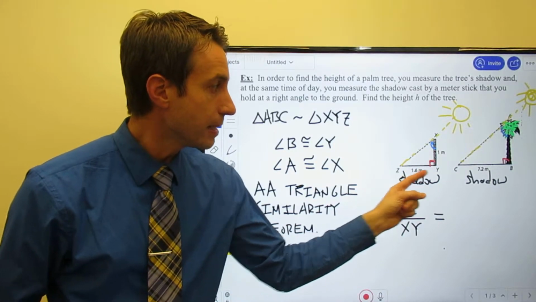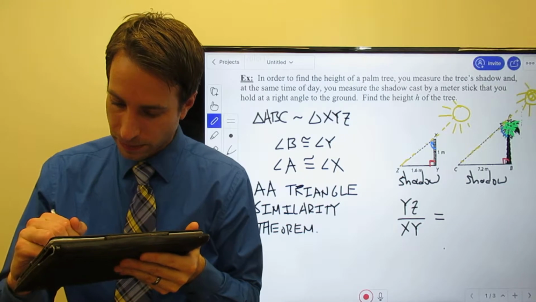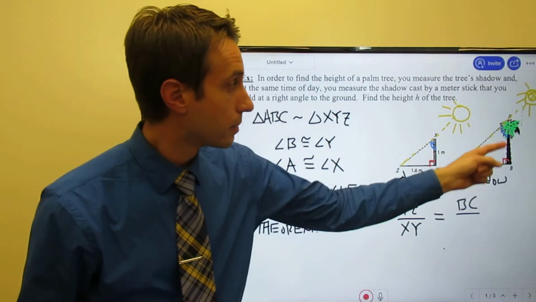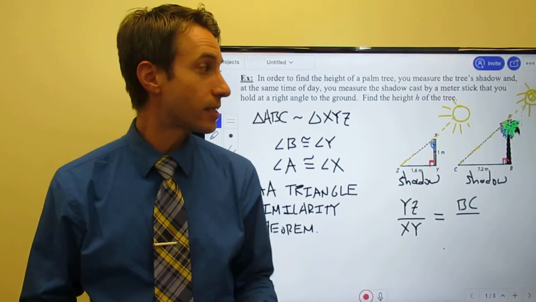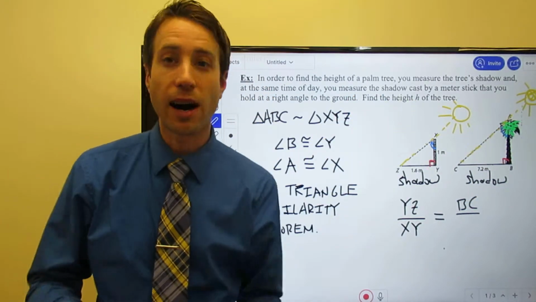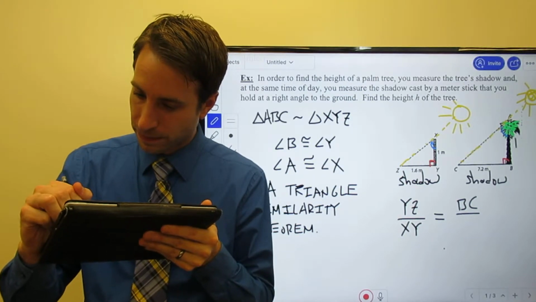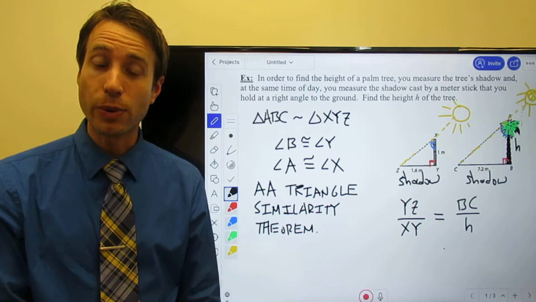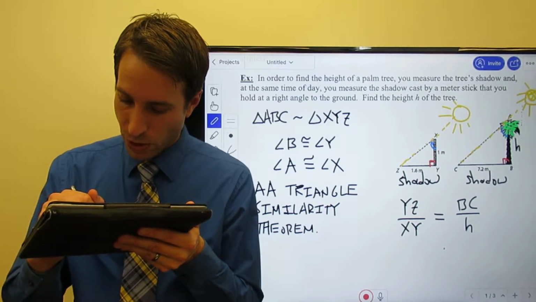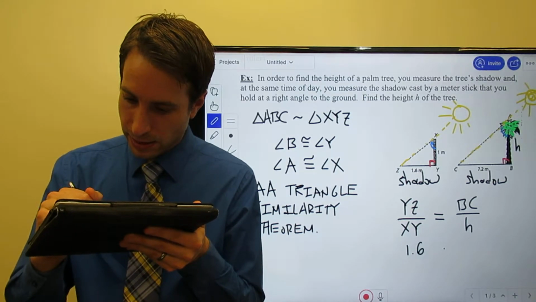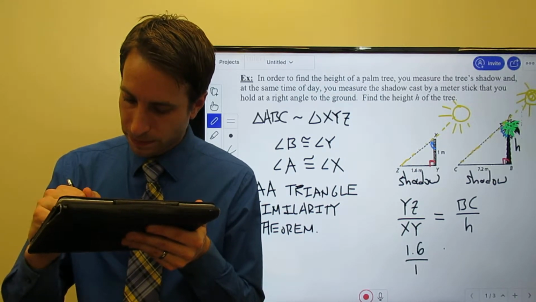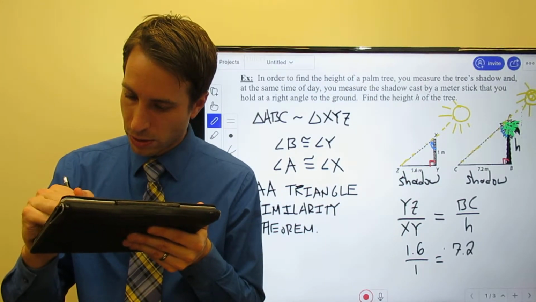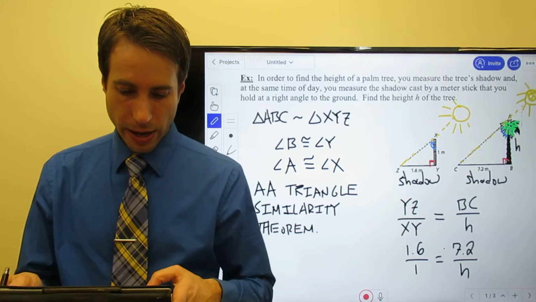Well, YZ, that's BC. And XY, that's AB, or in this case, what we will call the height of the tree. It's H. We're going to plug in what we know and solve for H. 1.6 divided by 1 is equal to 7.2 over H.